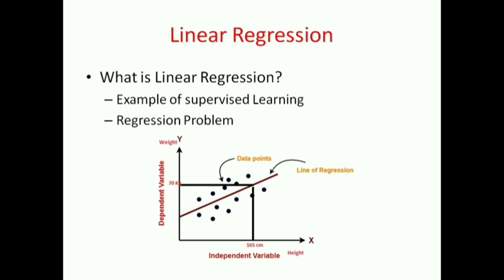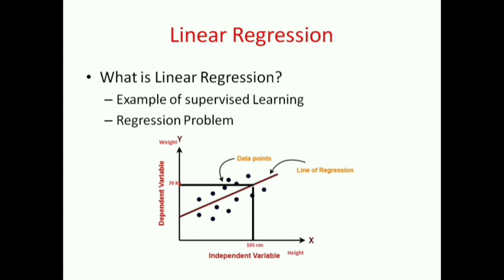How can you solve this problem and tell what the weight of that person can be? You need to find something based on these data points. So you will try to best fit a line which generalizes these data points very well. Suppose you find that this line best generalizes the data set. Using the equation of this line, you can find the corresponding weight for this 165 centimeter height, and say that for this particular height, the weight of a person should be around 70 kg.